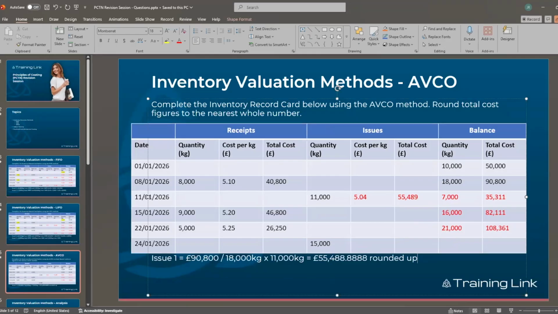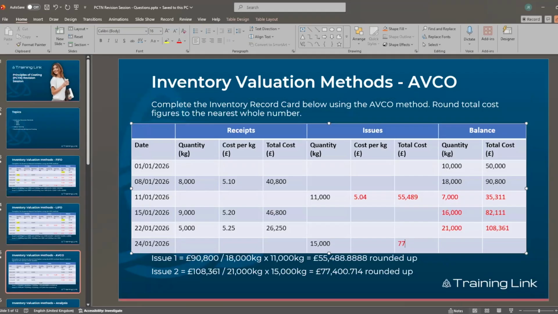And then finally, same process at this point here when we come to working out this cost of issue. Okay, we'll go by the recent balance. So 108,361 divided by 21,000 kilograms times by 15,000 kilograms will give us 77,400.714, rounded up.